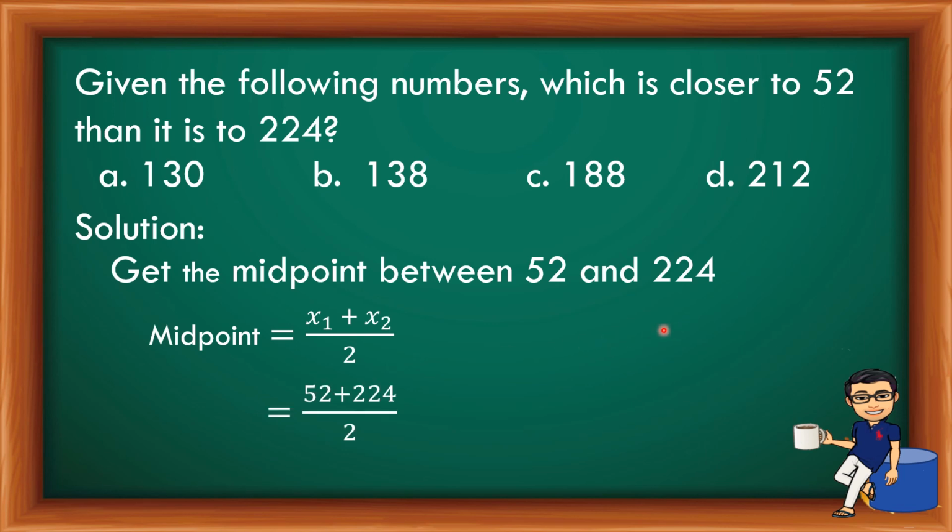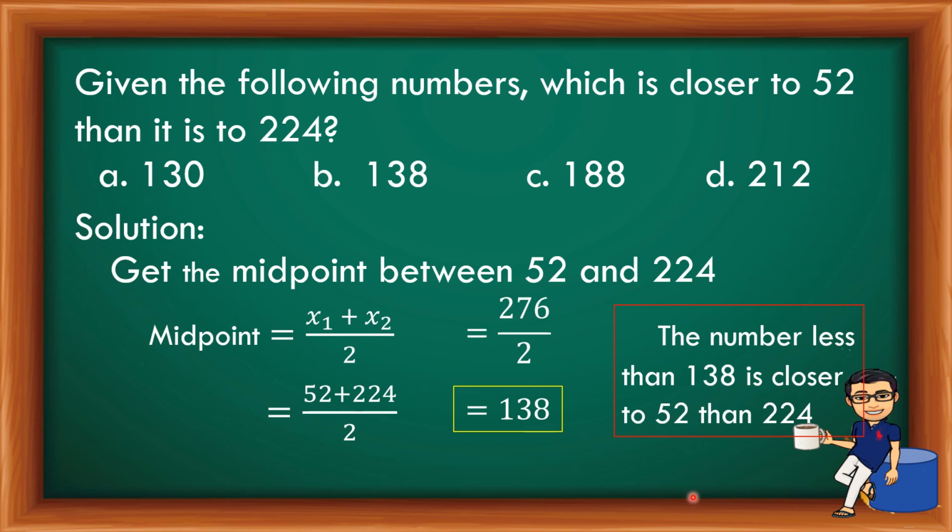We will substitute that to the formula. X sub 1 is 52, X sub 2 is 224, divided by 2. So adding 52 and 224, we have 276 divided by 2. The answer is 138.